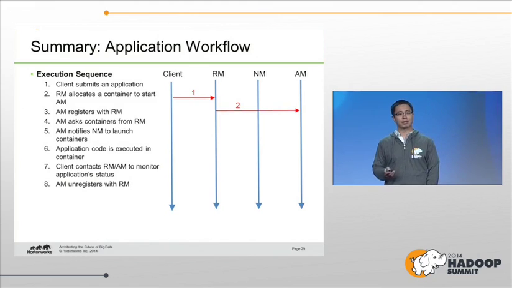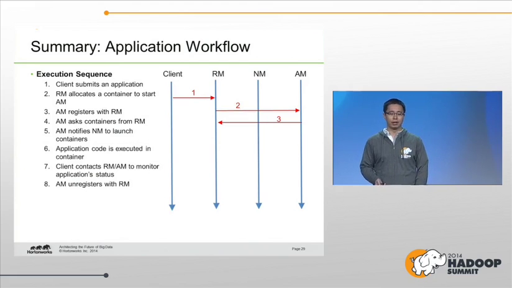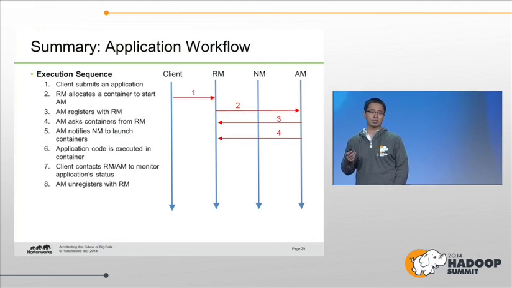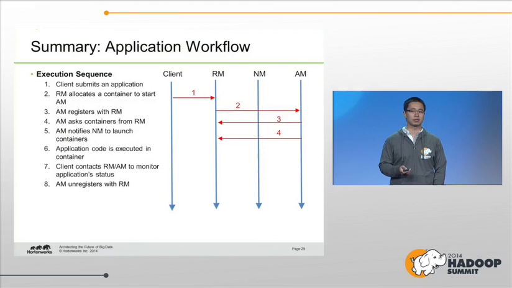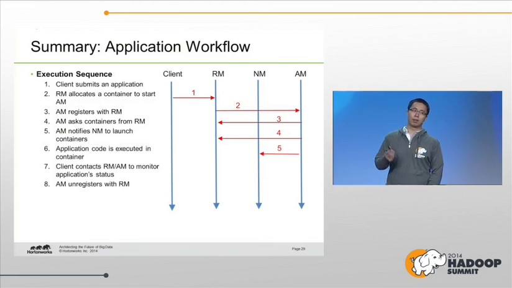When the application master has been started, it is going to do the registration with the resource manager. And after that, according to your business logic, your application master can ask for a number of containers from the resource manager and then put some specific logics into the containers and send them to the corresponding node manager to start the work.